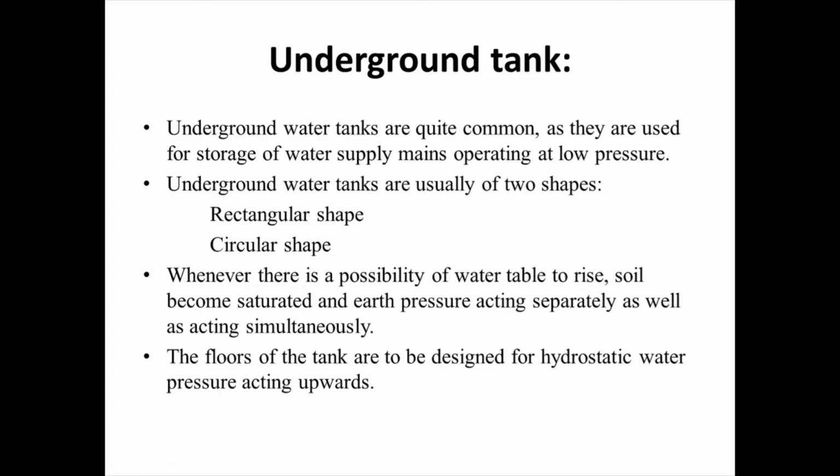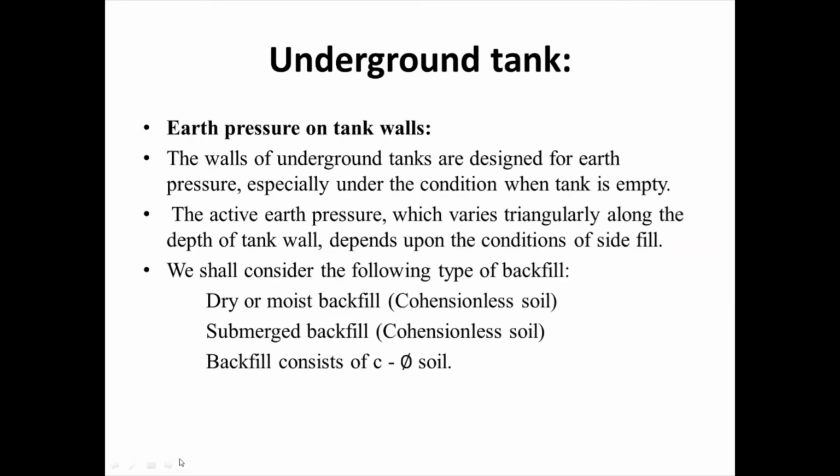Right now we are going to design an underground water tank. Okay, for the underground water tank we have two shapes: first is rectangular and the other is circular. For the underground water tank we have earth pressure on the tank. Earth pressure depends on the soil condition, dry or moist, submerged, black cotton soil or backfill consisting of sandy soil.